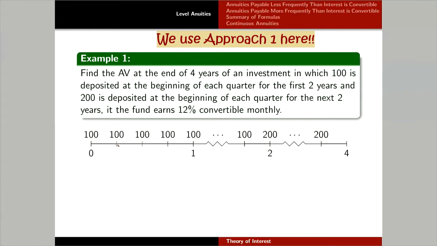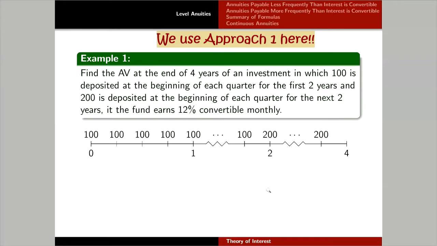Well, for the last 2 years, the amount of deposits is equal to 200. Same, deposits are made at the beginning of each quarter. And we have i upper 12 equals 12%.